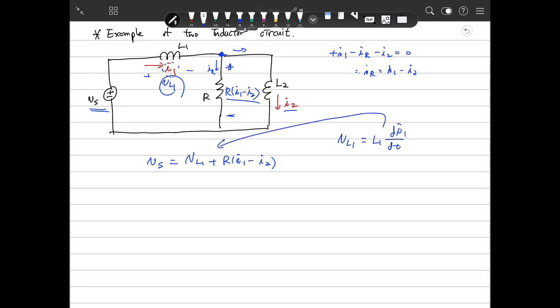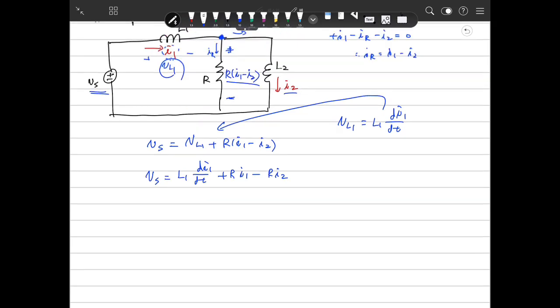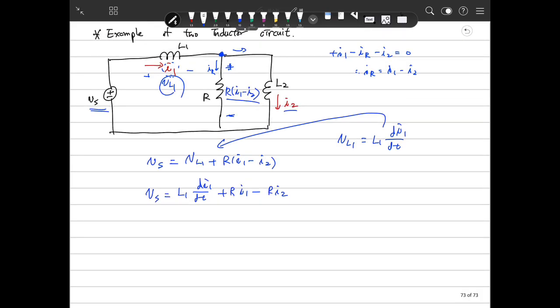We put it here, so Vs will be L1 dI1/dt plus R I1 minus R I2. We cannot solve this equation. Why? Because there are two variables, I1 and I2, that we want to know. So we need one more equation here.